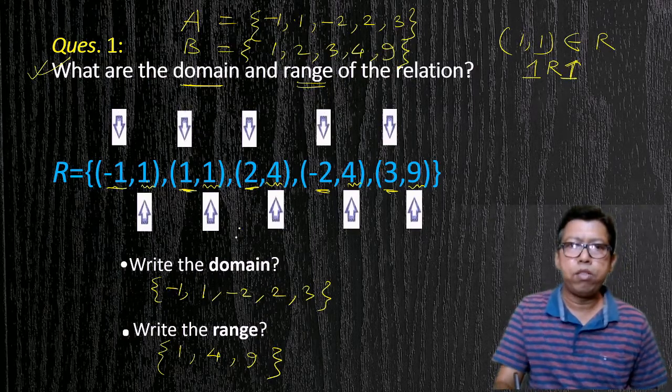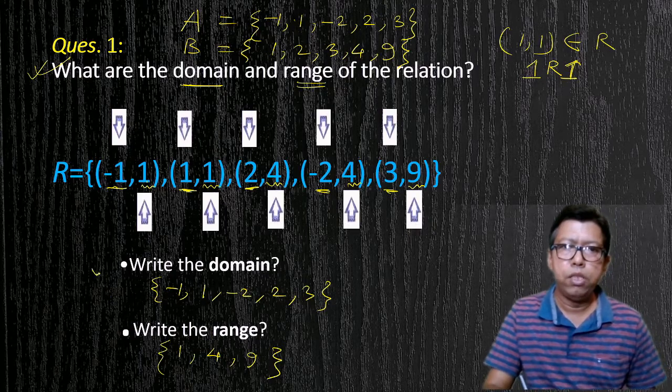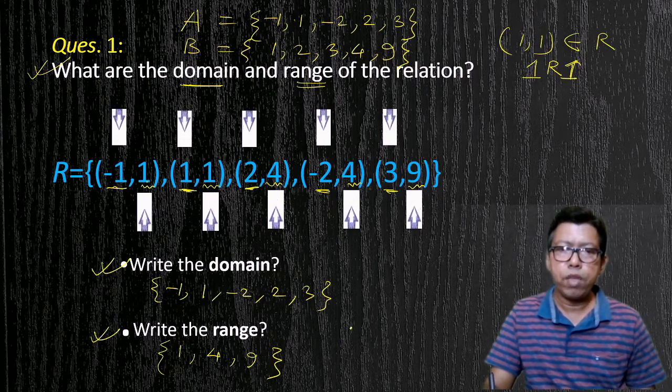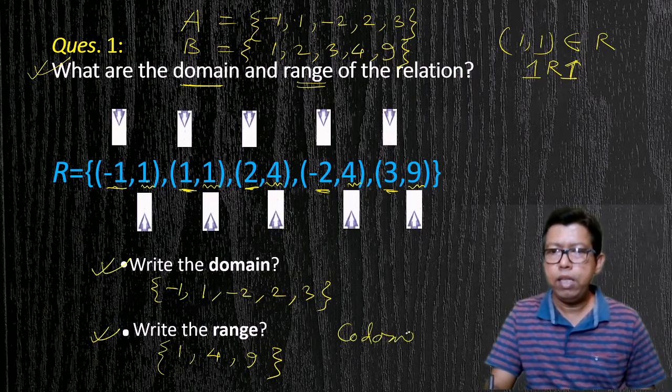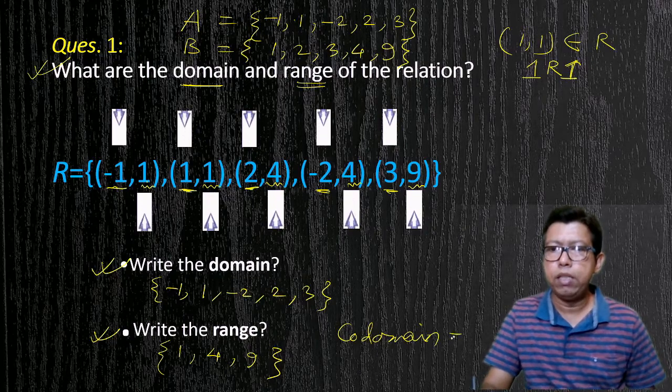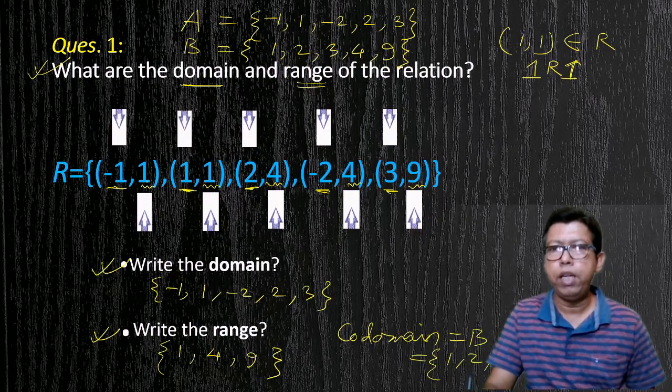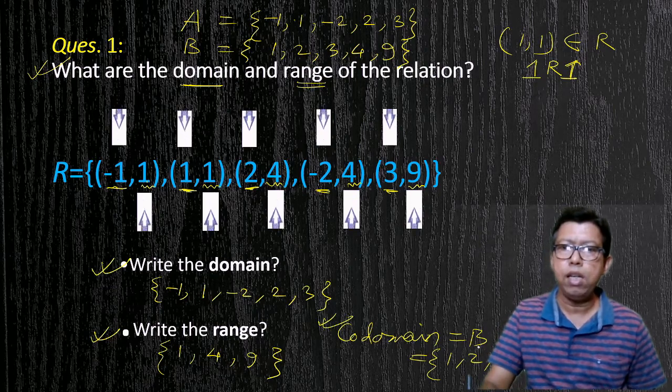In this case you have got the domain as this one and the range as this one. So what will be the codomain? The codomain will be the set B, the set containing the elements 1, 2, 3, 4 and 9. This is the codomain of the relation R.